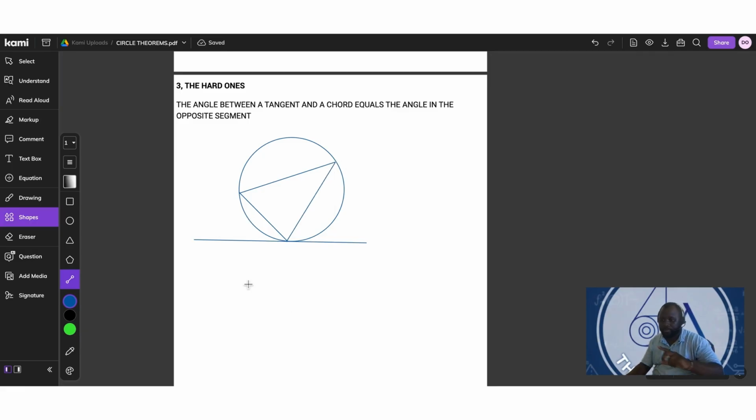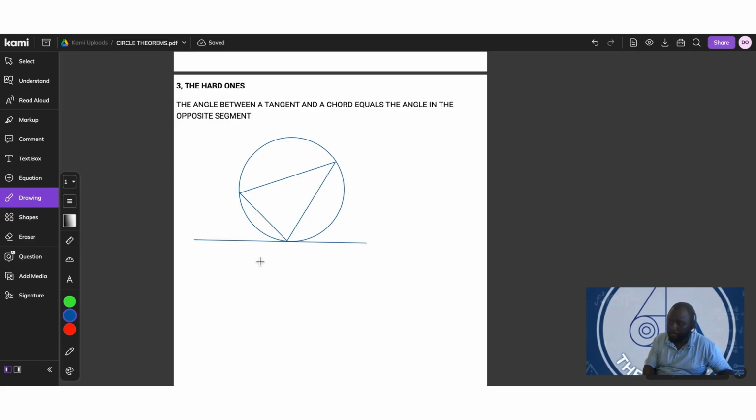So let's label our parts, because once we label, it becomes quite easy to notice. So this is point A, this is point B, this is point C, and this is point D. So what we are saying is that the angle here, x, is equal to the angle here.